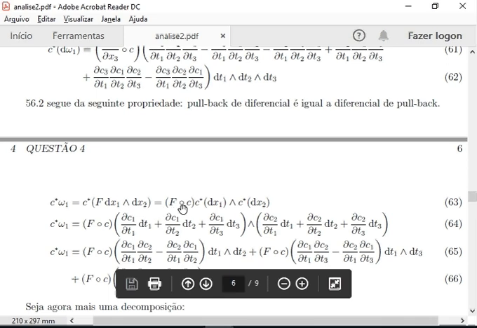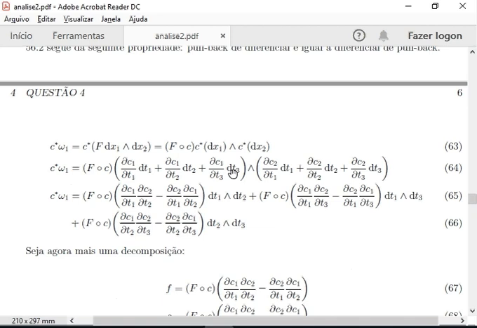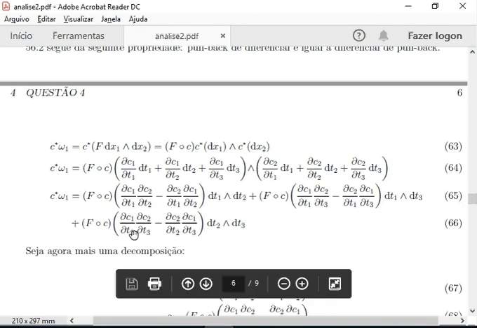It is equal to f composite with c, pullback of c dx1 wedge pullback of c dx2. It is equal to the same reasoning. Jacobian, first line 64, and distribution rule lines 55 and 56.